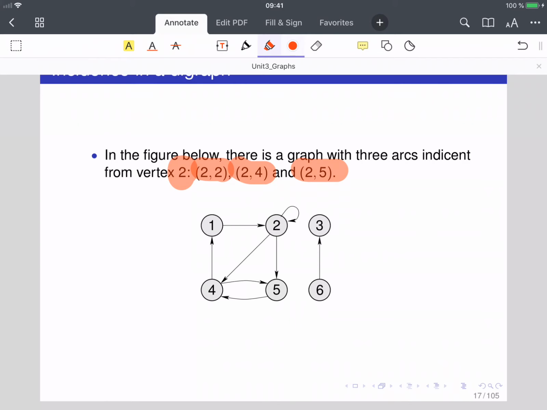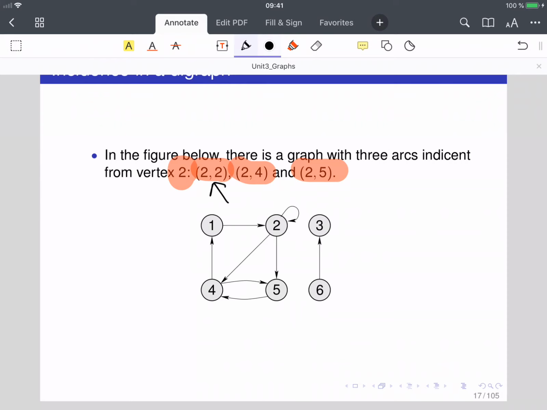In the 3 cases, the edge is incident from 2, and also here, since we have a loop, in this case the edge is incident from 2 and to 2.